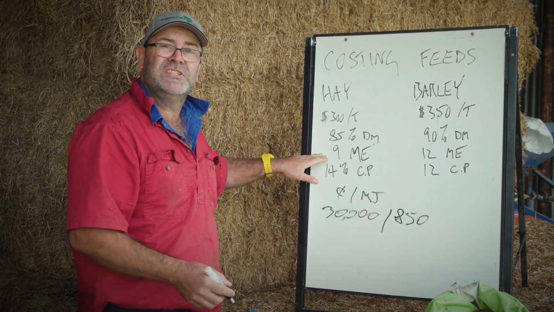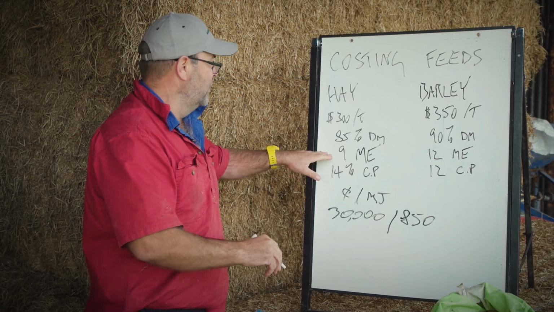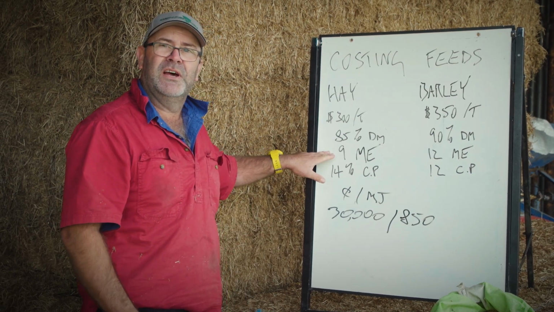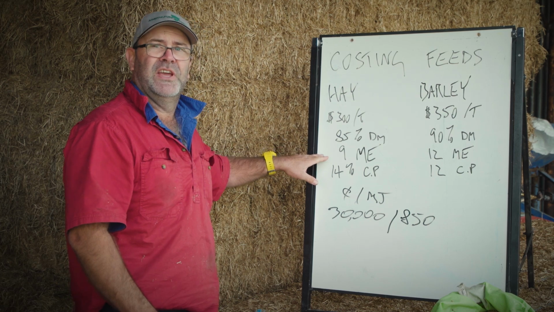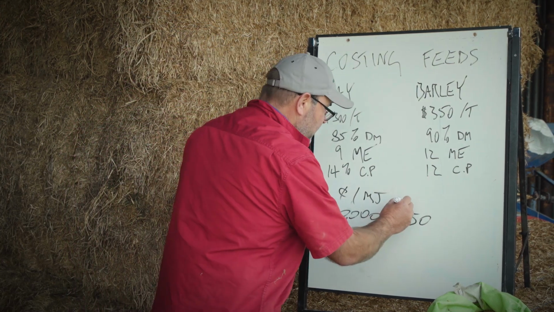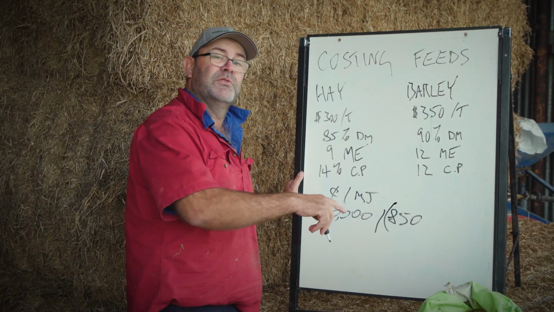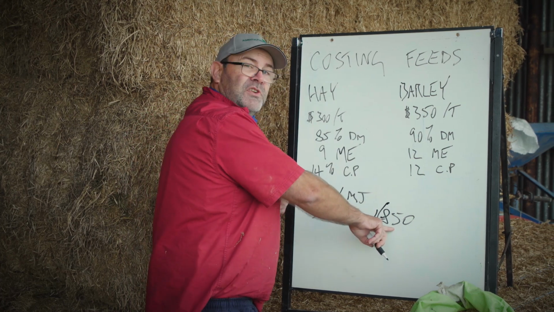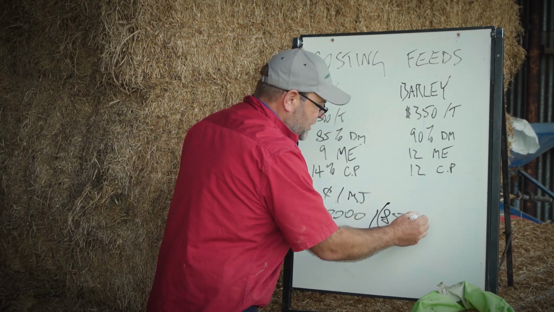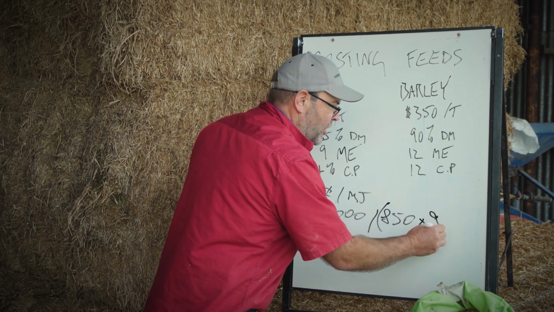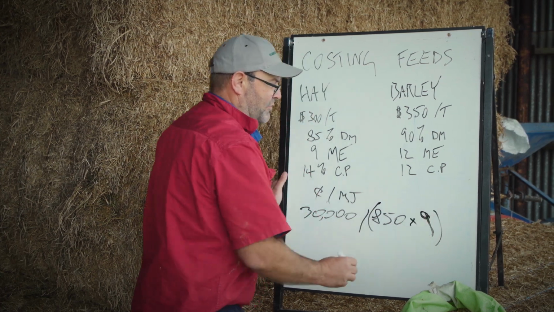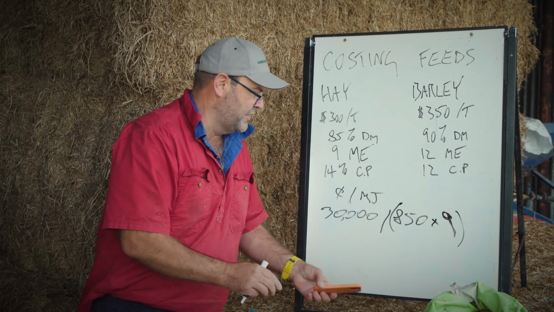Because we've feed tested it, we also know that each kilo of dry matter has 9 units of energy. So for our fresh tonne, we've effectively bought 850 kilos of dry matter, and every kilo has 9 units of energy, forgive my writing. So we just need to multiply that up.